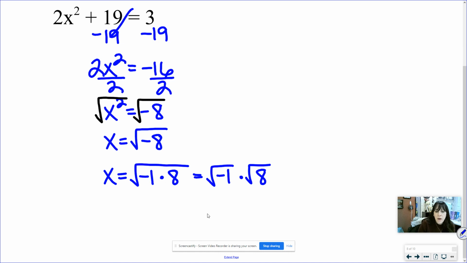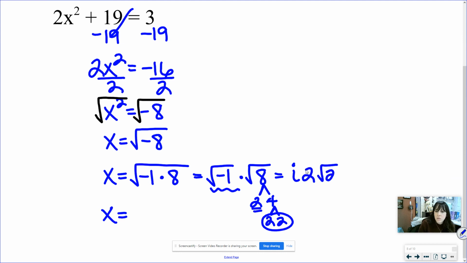So I need to simplify and do the square root of -1 is i. And then 8 is something you can break down and simplify as a radical. So that would be 2 radical 2. And then I'm going to rearrange and call it 2i radical 2.